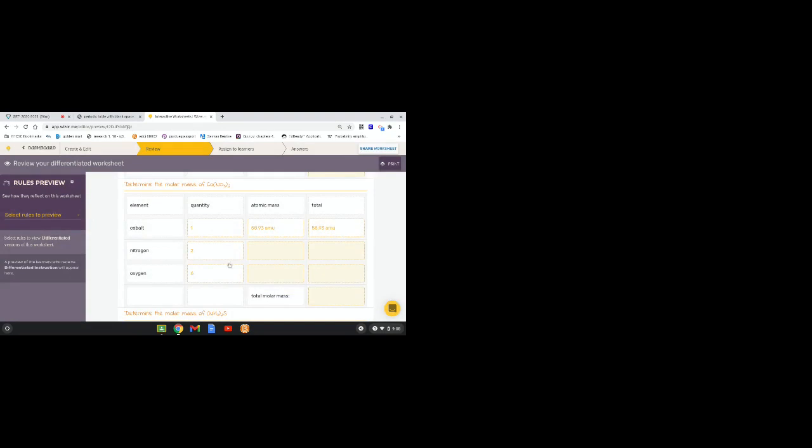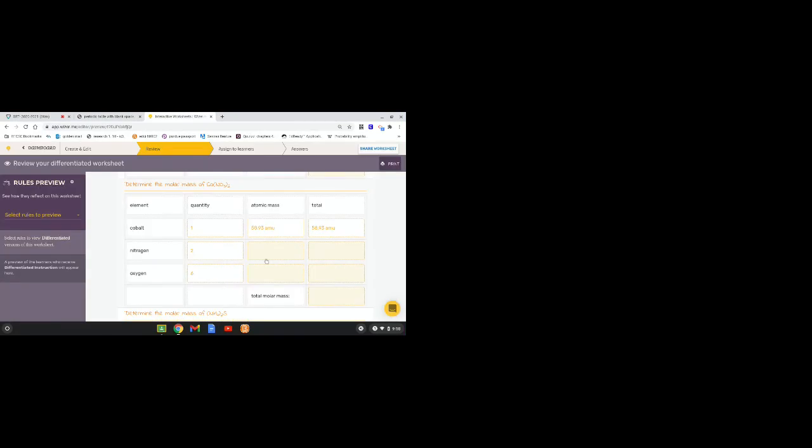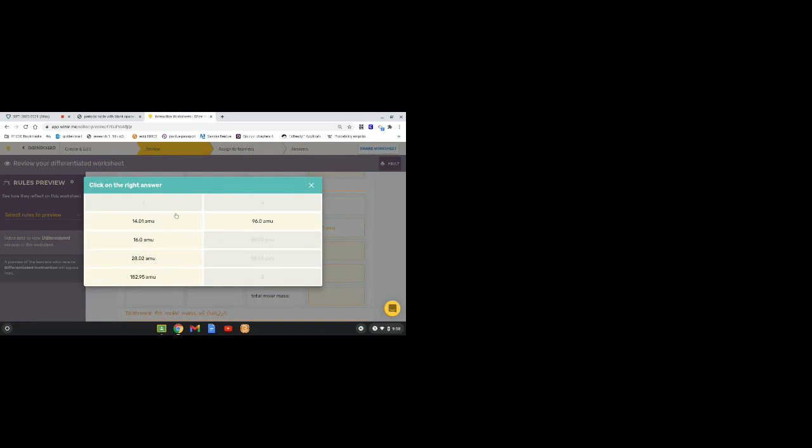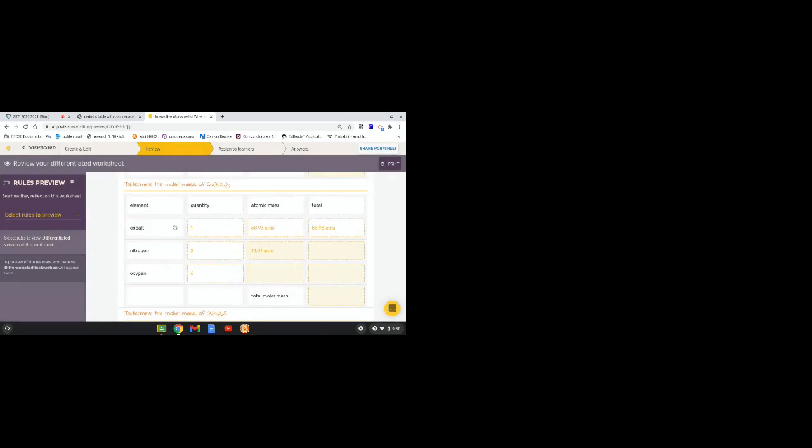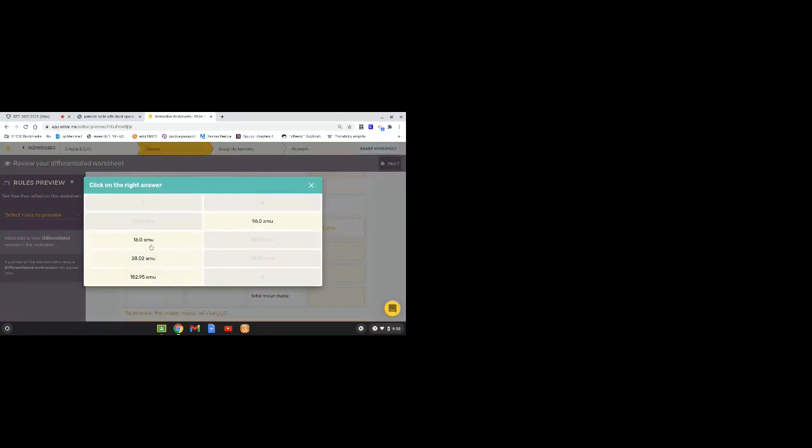The next one I'm looking for is nitrogen. So let's take a look at nitrogen. 14.01. So here under atomic mass for nitrogen, we're going to select 14.01. Now it's 2 times 14, so that's going to be 28.